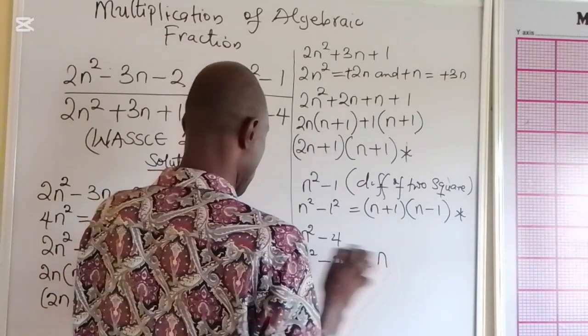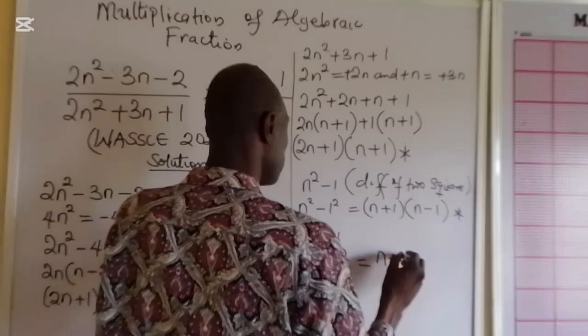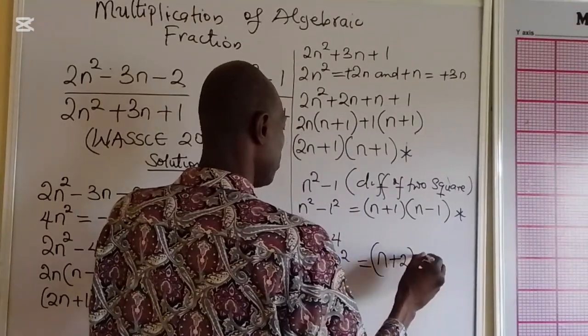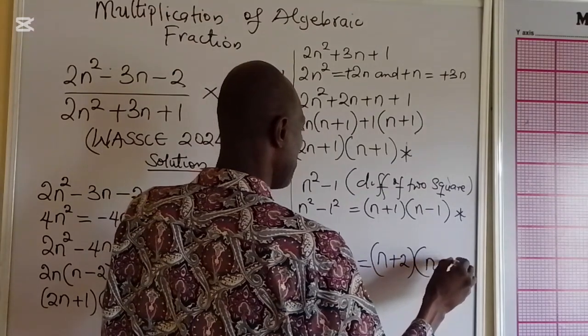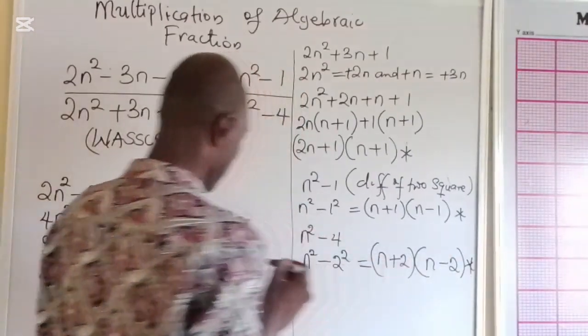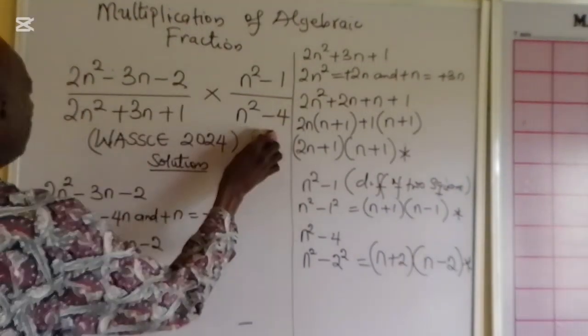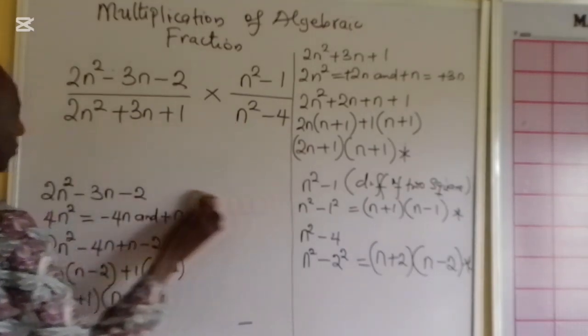So here will be (n + 2)(n − 2). I will be using this in place of n² − 4.